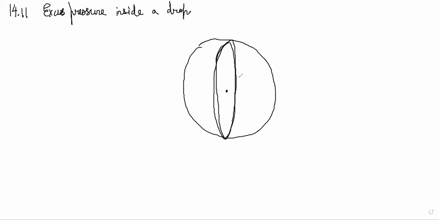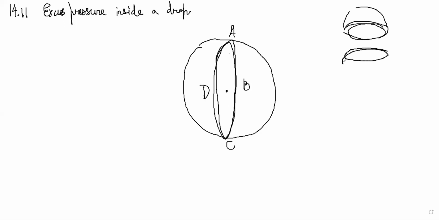The surfaces of the two hemispheres touch each other along the periphery ABCDA. So you can now think of it as two hemispheres which touch each other on this periphery, right? This periphery is ABCDA.